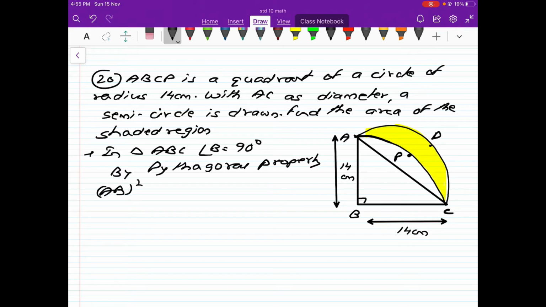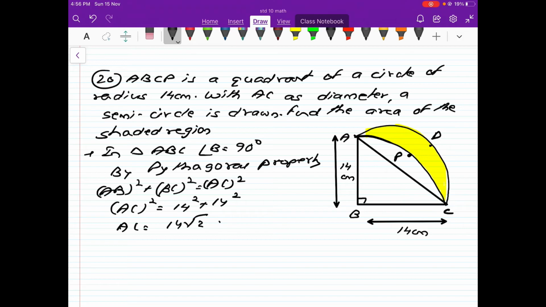It is AB square plus BC square is equal to AC square. So AC square is equal to 14 square plus 14 square. So AC is nothing but 14 root 2 centimeter.